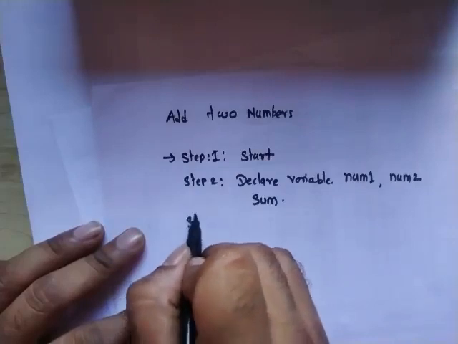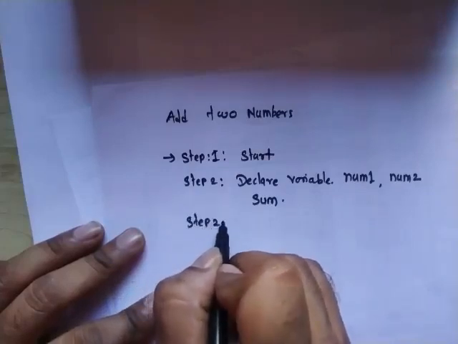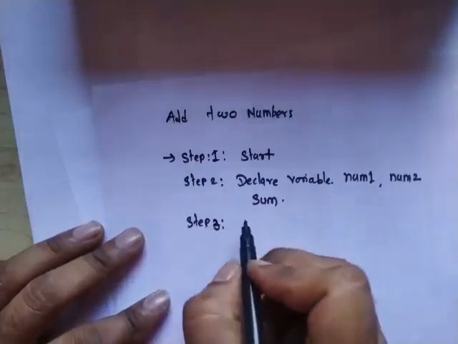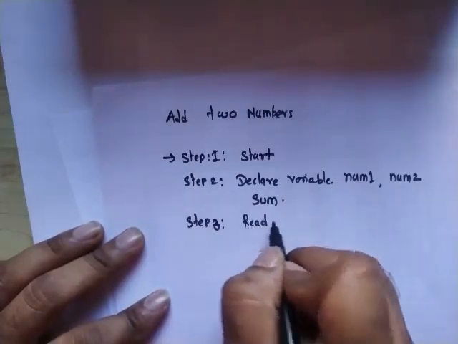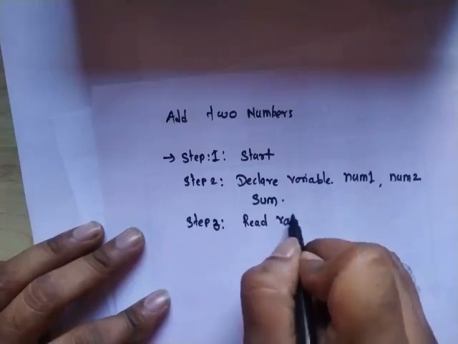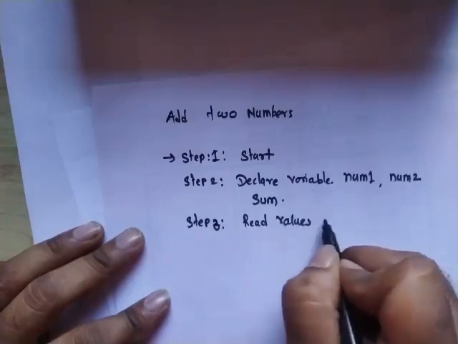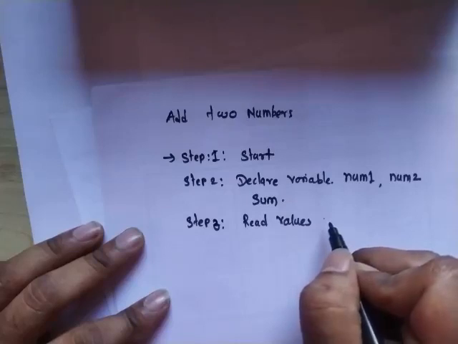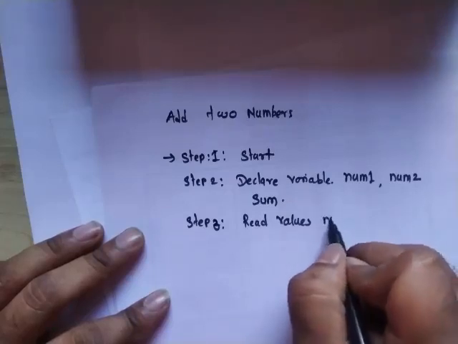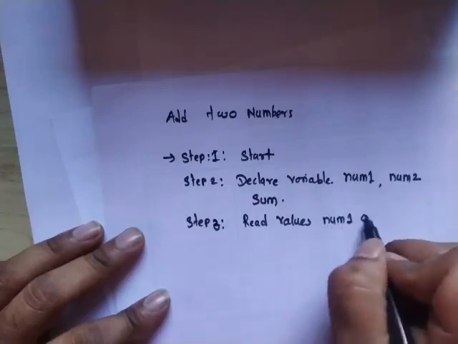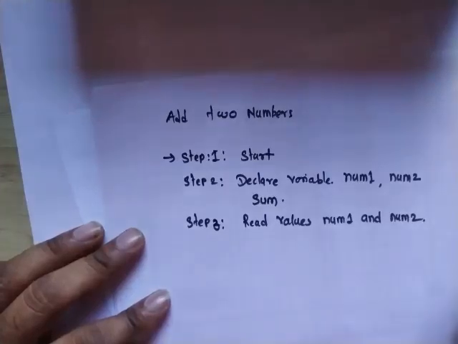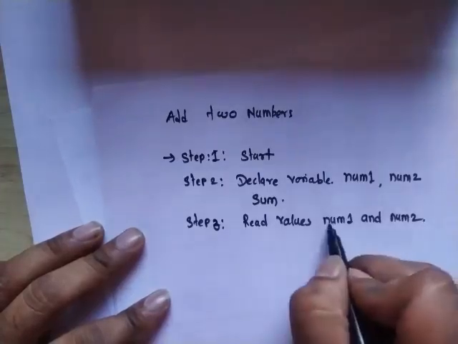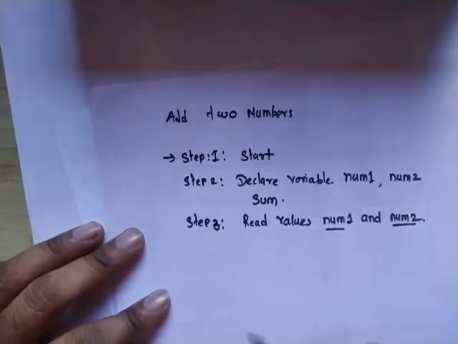Now step 3, read values, which means we are going to read values from the user side. We collect those values in num1 and num2.